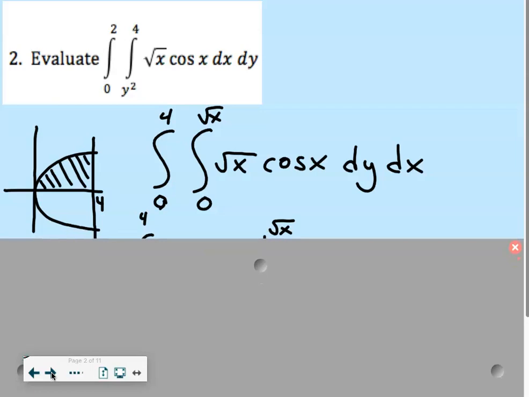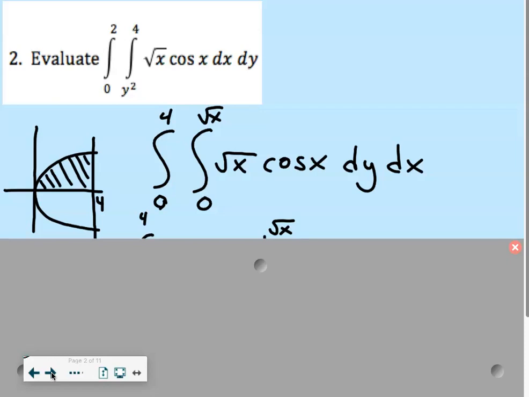When you graph the space, our y goes 0 to 2, our x is going from y squared to 4. So this is the space we're talking about. To switch it around to dy dx, now our y is going from 0 to this function right here, which, if x equals y squared, then y equals root x, right? And then our x's are going 0 to 4.